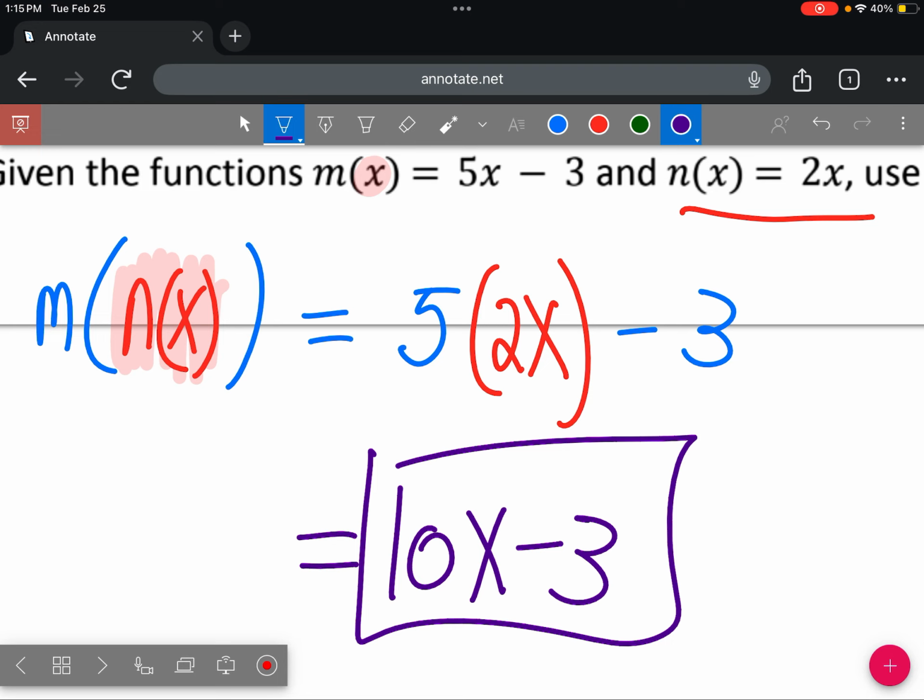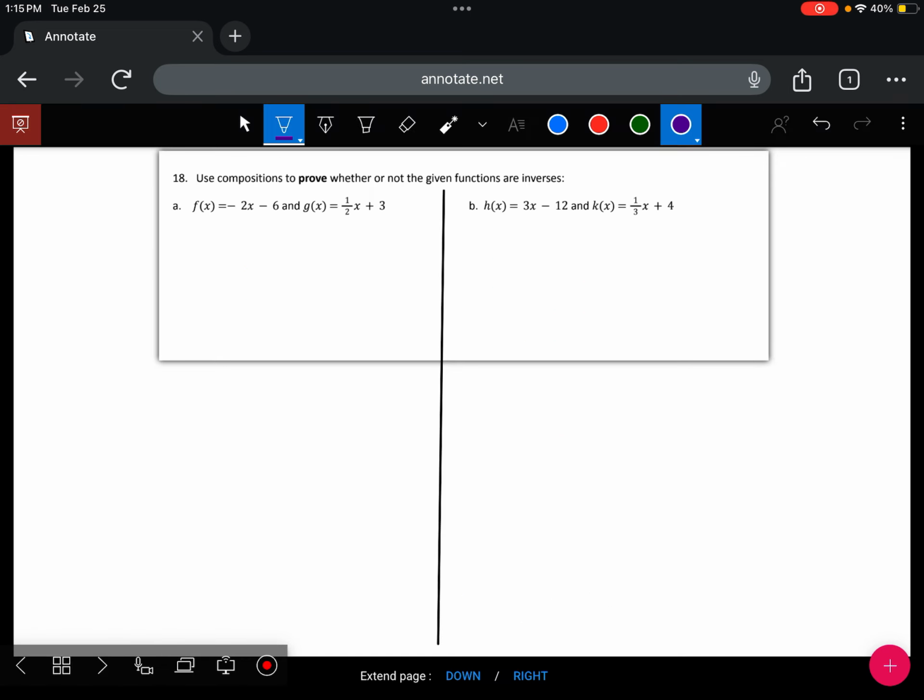Let's take a look at number 18a. This is all the directions we'll say. You need to remember what it means to find the compositions of functions.